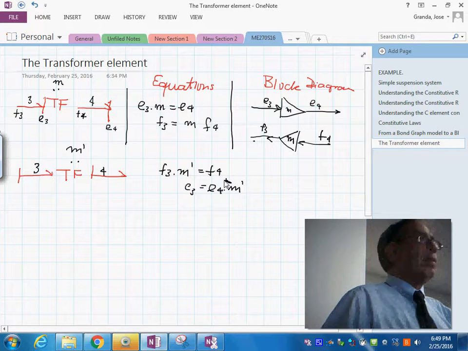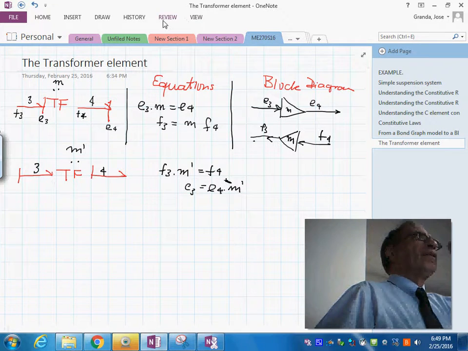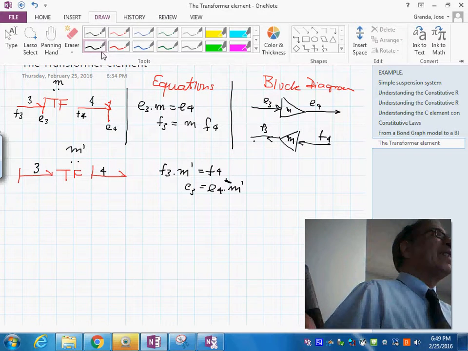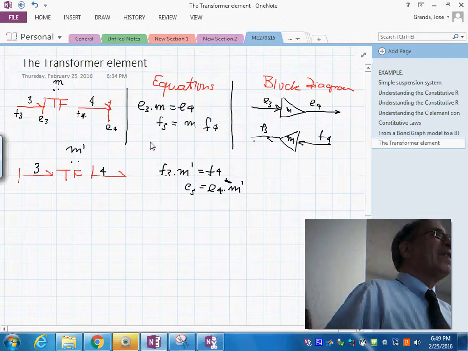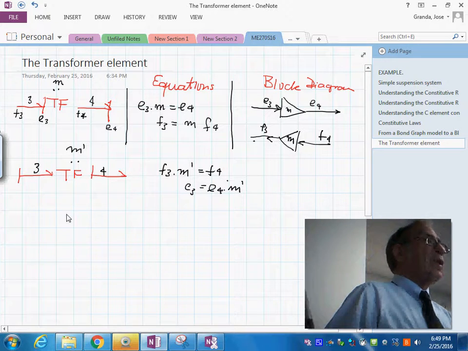Let me just give you some examples of this, and with that we can see the block diagram, sorry, I'm forgetting to do.